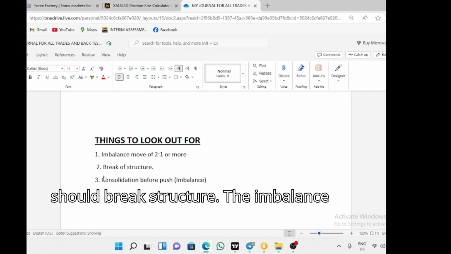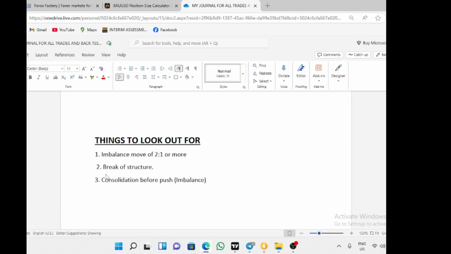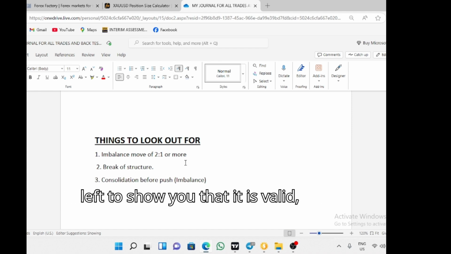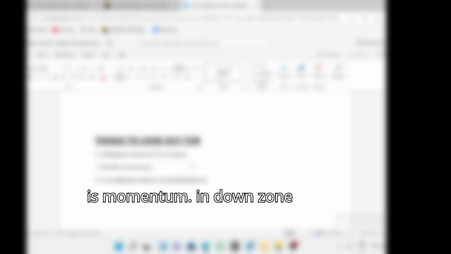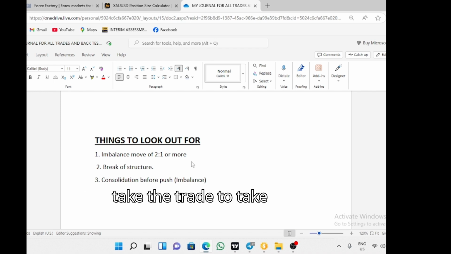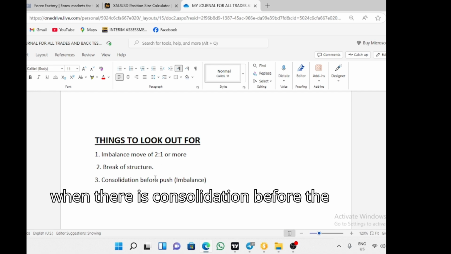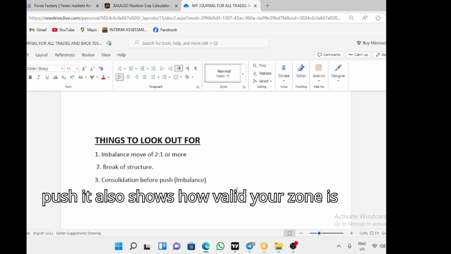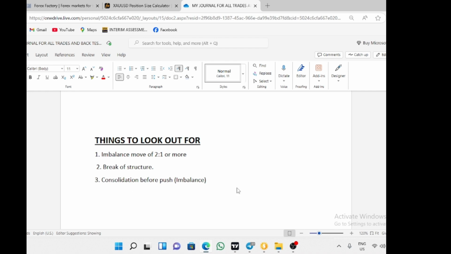The zones should break structure. The imbalance should always break a structure to the left to show that it's valid, to show that there is momentum in that zone, that buyers or sellers are willing to take trades within the zone. And when there is consolidation before the push, it also shows how valid your zone is.